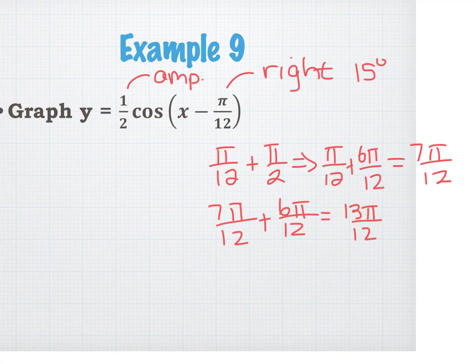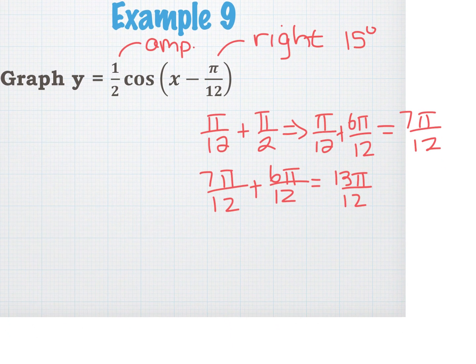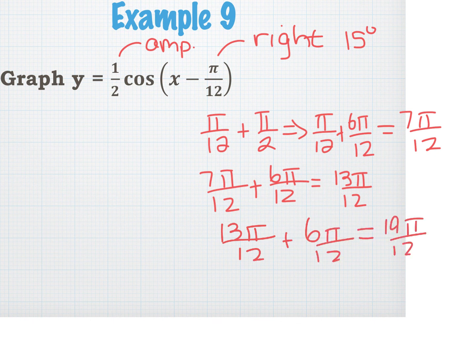Okay, so far I've found the common denominator of 12. I added 90 degrees, which is pi over 2. And then I got 7 pi over 12. And then I did it again, 13 pi over 12. I need to do it again. 13 pi over 12 plus 6 pi over 12 gives me 19 pi over 12.